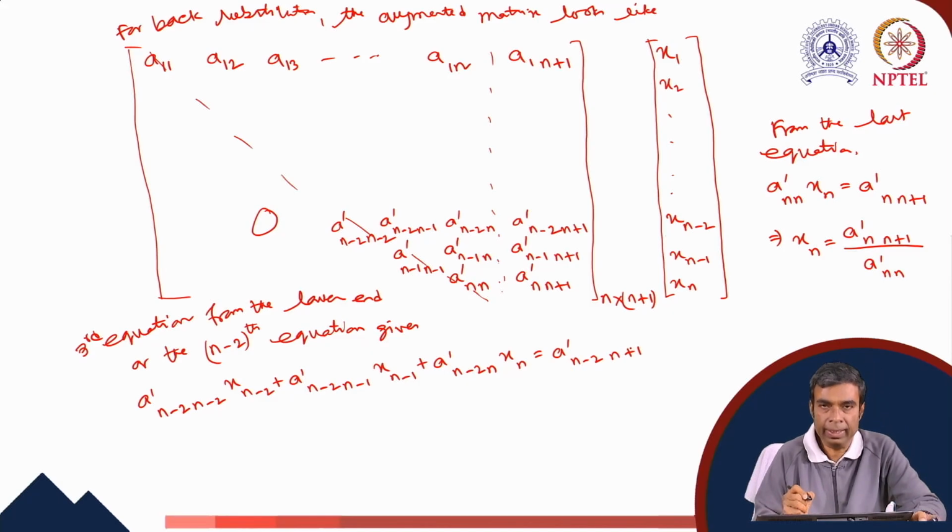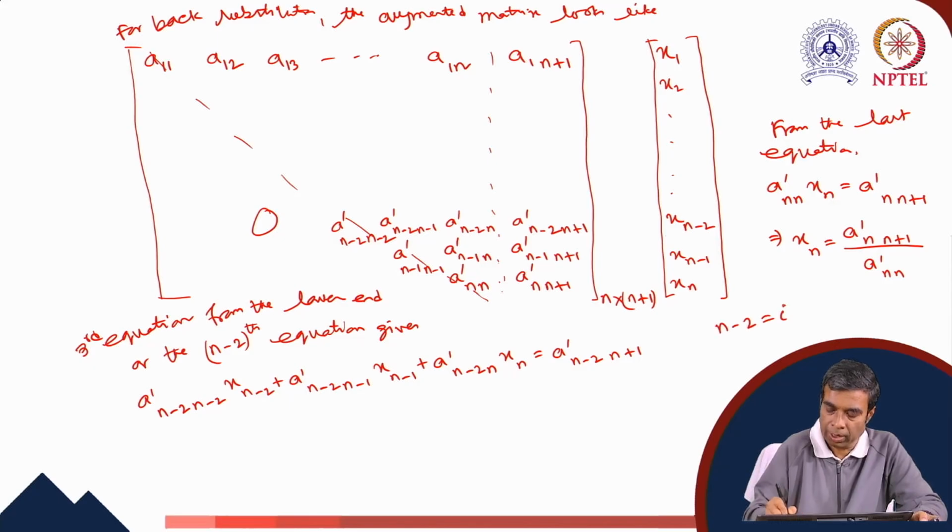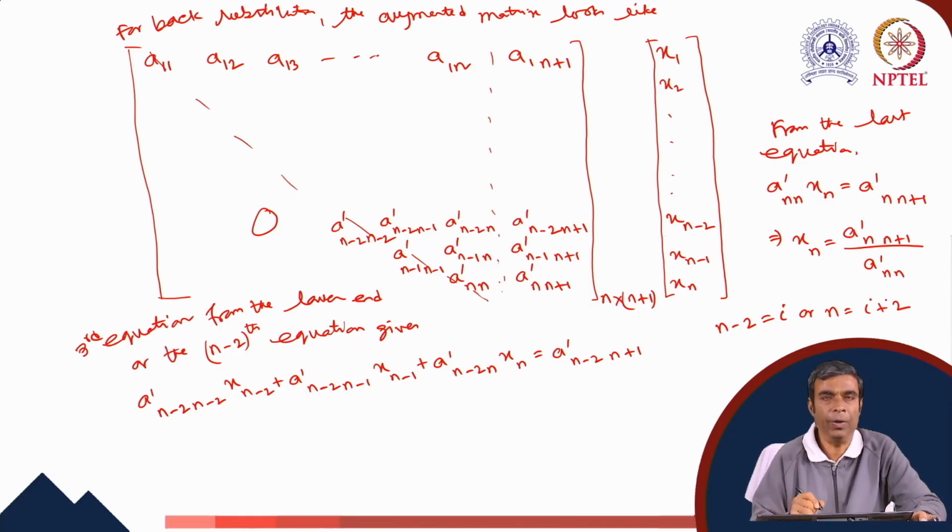Now, to make the expression simple, we shall consider n minus 2 as i. So n minus 2 equals i, or n equals i plus 2. In this expression, when we come to the third equation from the bottom, we already calculated xn and x n minus 1.